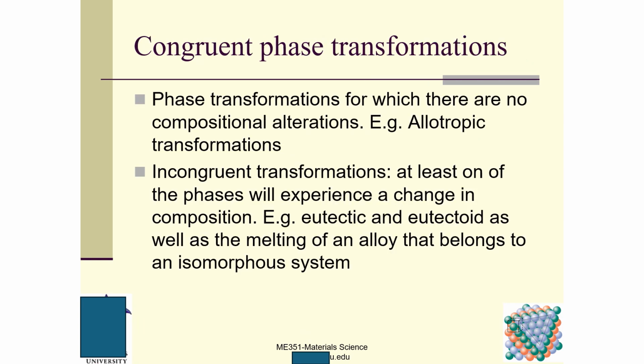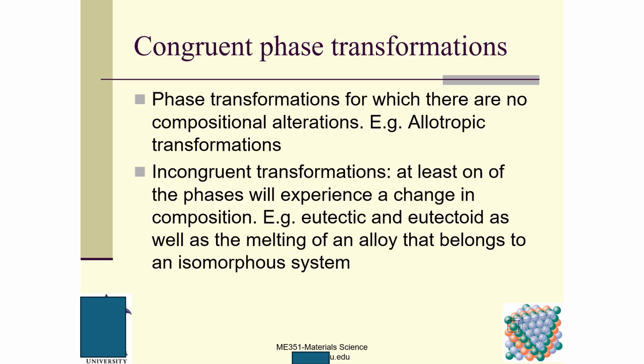And then we talk about congruent phase transformations. Congruent phase transformations are those for which there is no composition alteration, as the name suggests. For example, allotropic transformation, right? You know allotropic transformation, right?